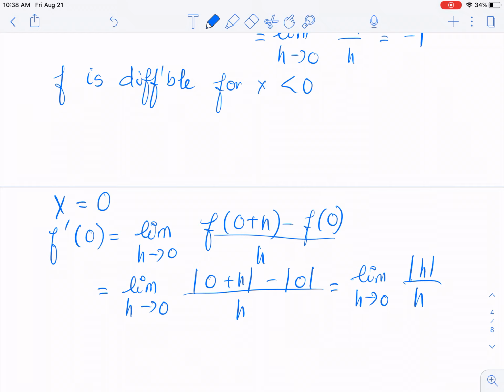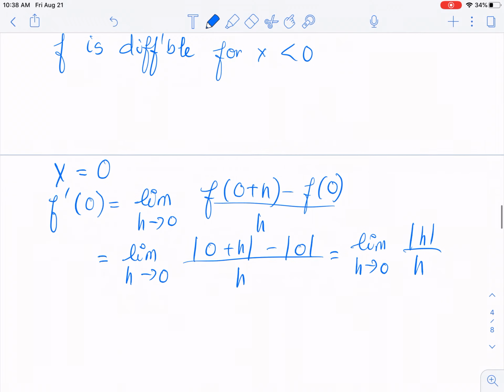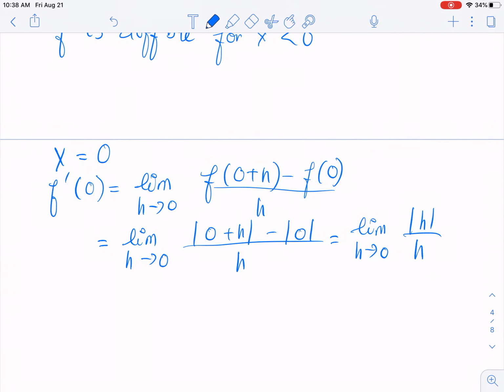Now, because we don't know what's going on here, how do we know for sure we have the limit? We have to compute left and right to see if they are in fact the same number.